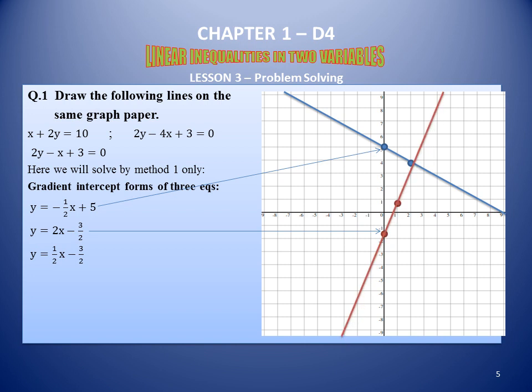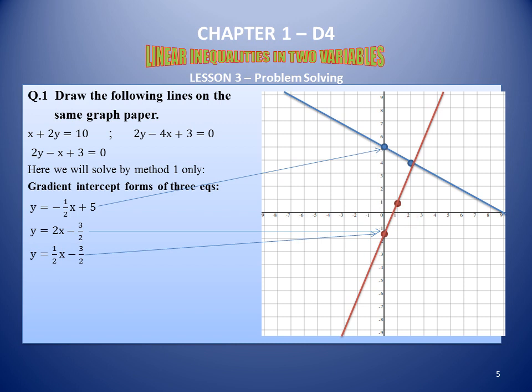And for the third line, its y-intercept is again minus 3 by 2. A dot is already placed there, so use this dot. And for the second point, we will take its gradient. The gradient is 1 over 2, that is, rise is 1 and run is 2. So from this point we will rise 1 unit and from here we will run 2 units.